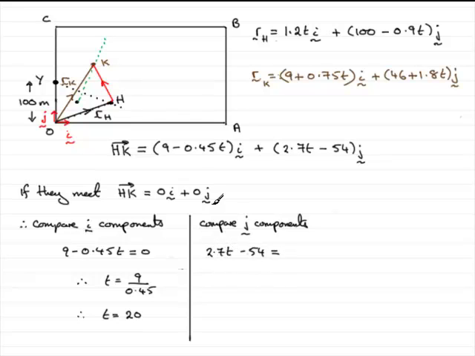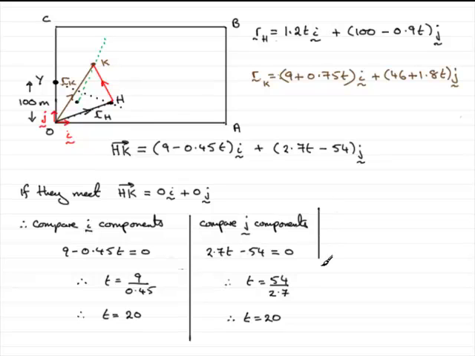Well, that has to equal 0. And again, if you rearrange this for t, you'll end up with t equaling 54 over 2.7. And that goes in 20 times. So you can see that we've got the same value of t, a consistent result.